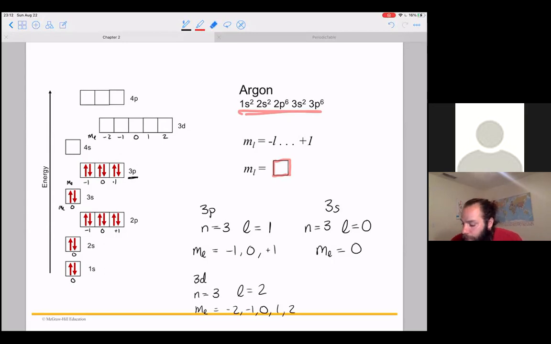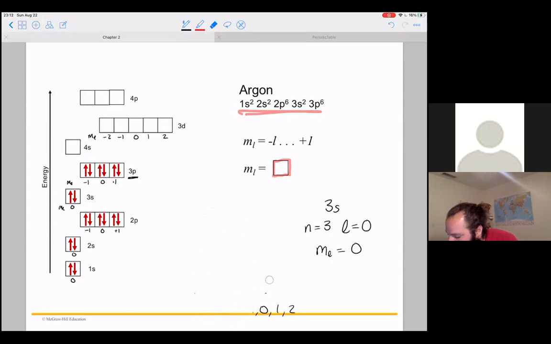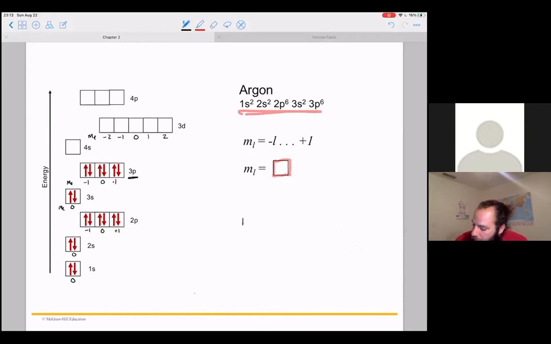So for example, let's say that I said n equals 2, L equals 1, and M sub L equals 1. Which box would I be talking about that corresponds to this 3-digit quantum number here?